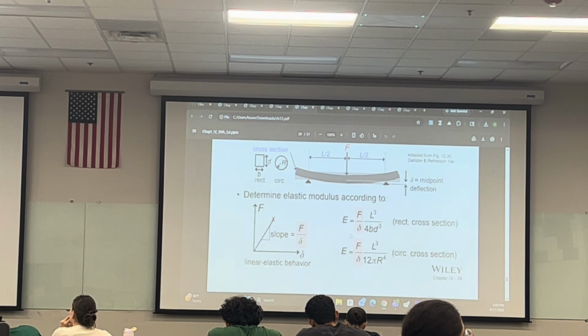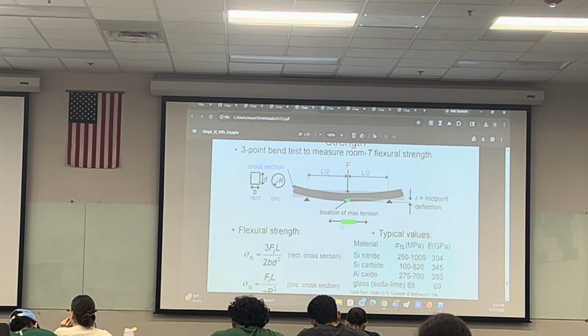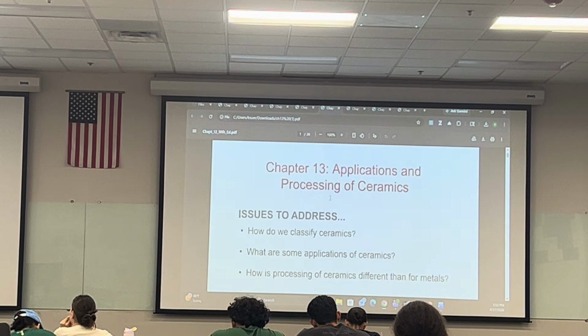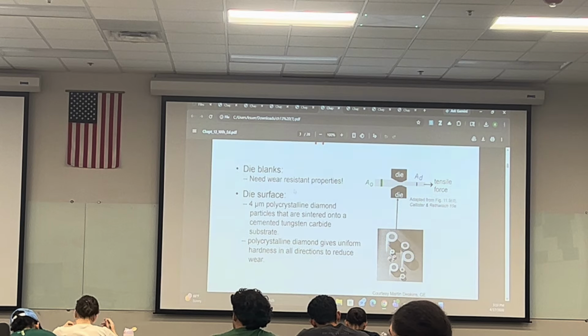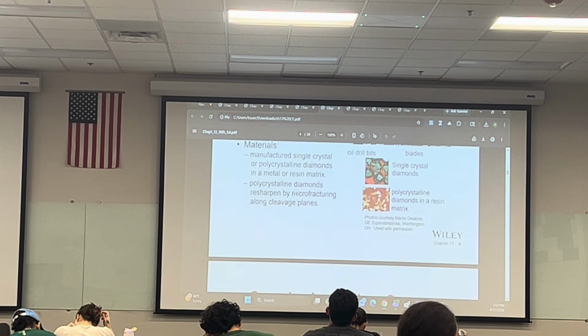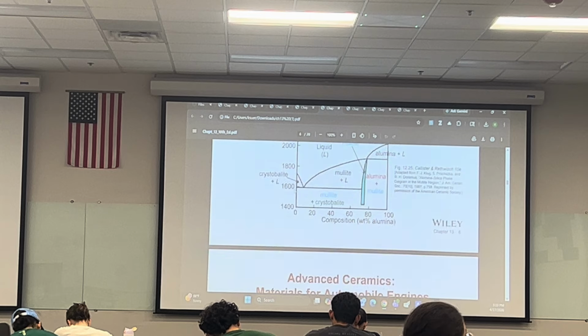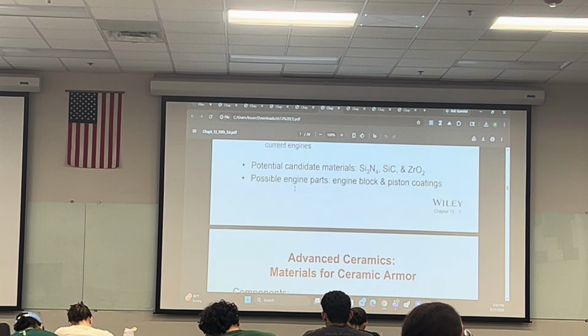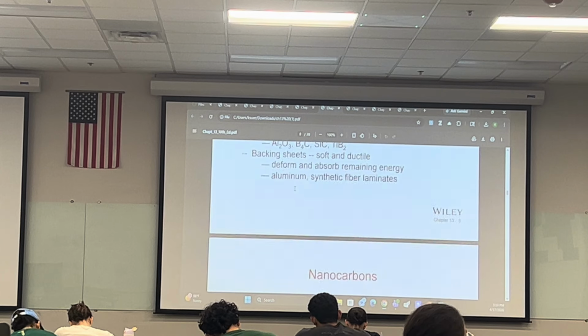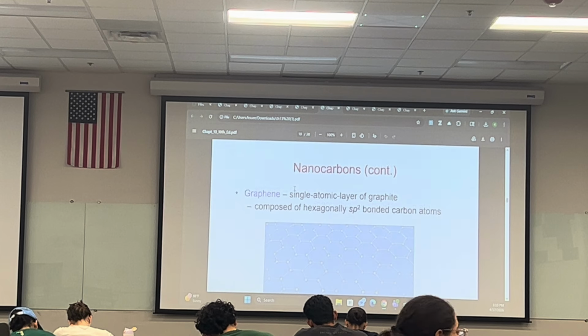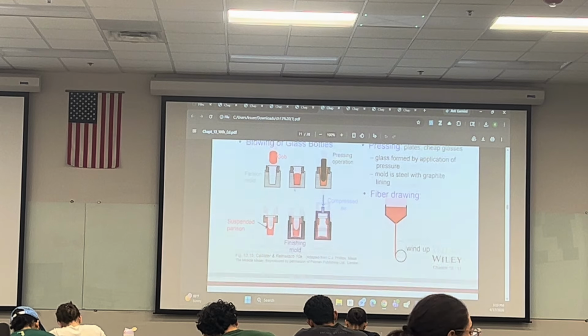So the main things about ceramics are mechanical properties, vacancies, densities, and the radius ratio and type of the different ceramic structures. For the applications chapter, it was a short chapter, we didn't go through a lot of application, just a very quick review. It's more like an introduction to different stuff.